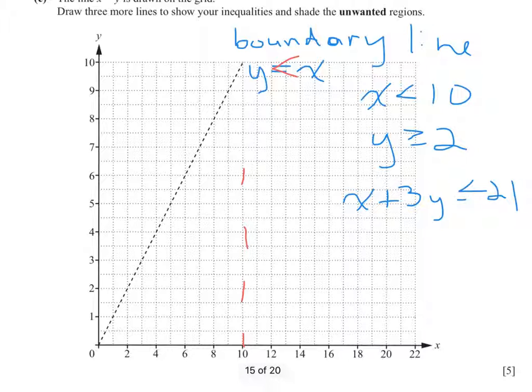So that's one of our constraints. Okay, and then the next constraint is y is greater than or equal to 2. That's going to be a continuous, solid line, right? Dashed line, solid line, and then another solid line on our cost constraint.